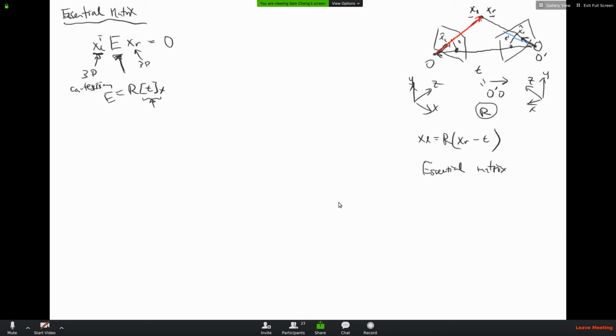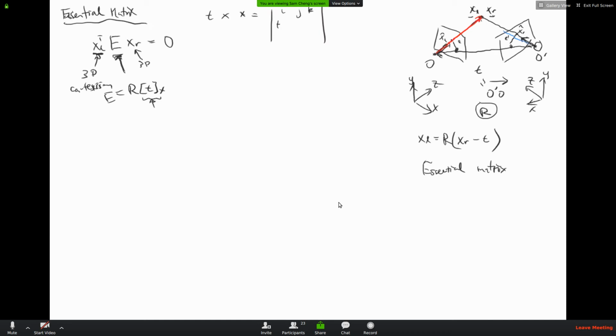If you think of a matrix, think of the cross product. I hope you still remember what the cross product is. If I have two vectors in 3D space, let's say T crossed with a vector X. Let's use the i, j, k notation, which I guess is the easiest to remember.